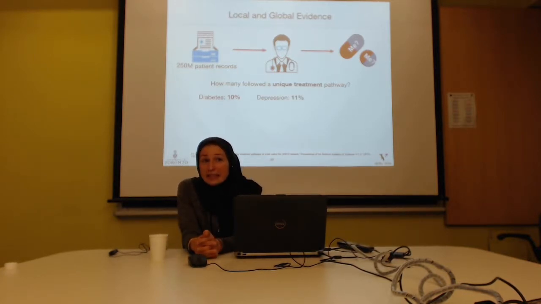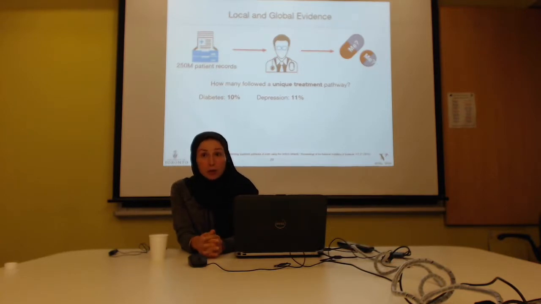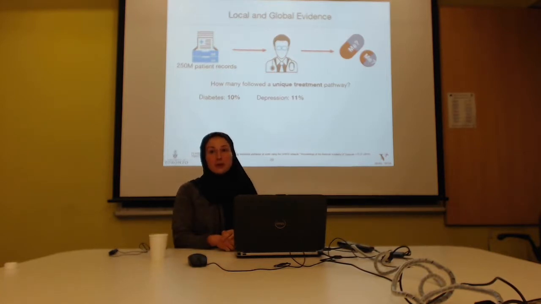What that means is if you have hypertension and you go to a doctor and say, what patients are like me? Can you give me a treatment prediction based on people who have a treatment history similar to mine? The answer for a quarter of people would be nobody. There's nobody like you in this data set, even though it's 250 million people.